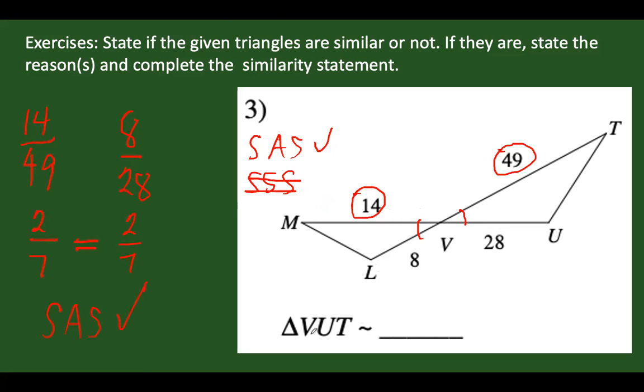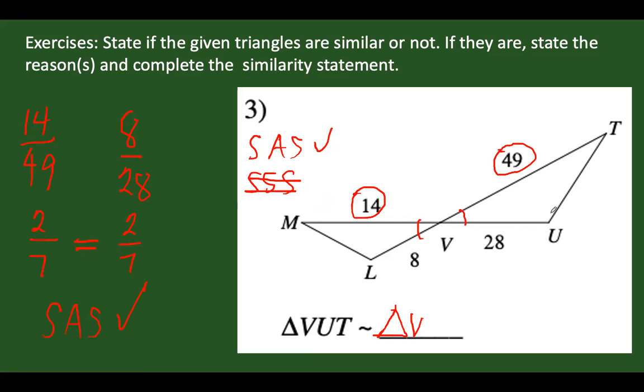And how do we write the similarity statement? So again, we're going to find the corresponding parts, especially the angles or vertices. So VUT. Of course, V to V, because they're congruent.